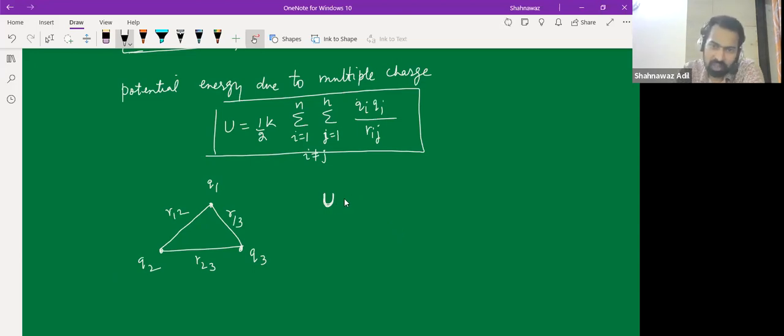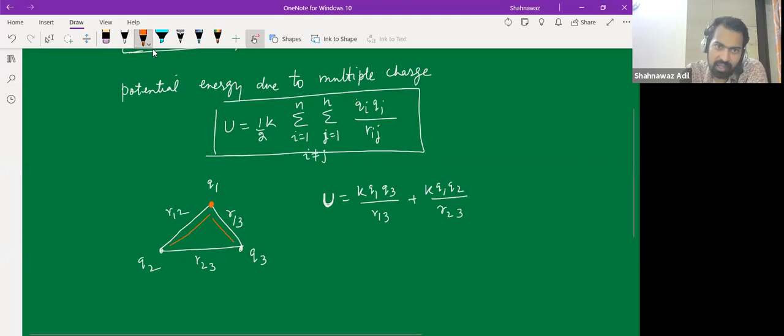Let's take this charge; it is interacting with this one and this one. So the interaction is K Q1 Q3 by R13 plus K Q1 Q2 by R12.